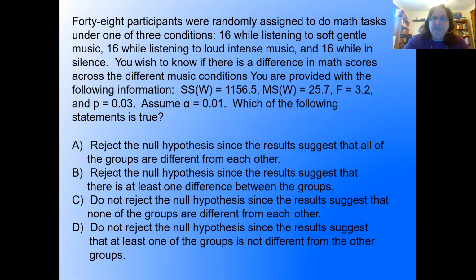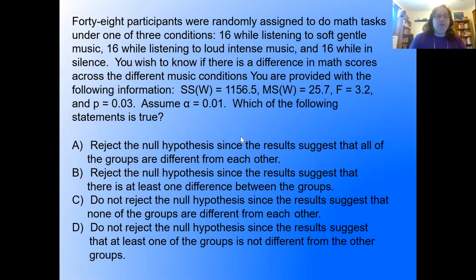Okay, so now I'll tell you, there's two things being assessed here. So one is, when do we reject a null in ANOVA? You reject a null when there is at least one difference. That's all you need. You don't need everything to be different from everything else. You just need one difference to reject. Okay, how do we know if there's at least one difference?